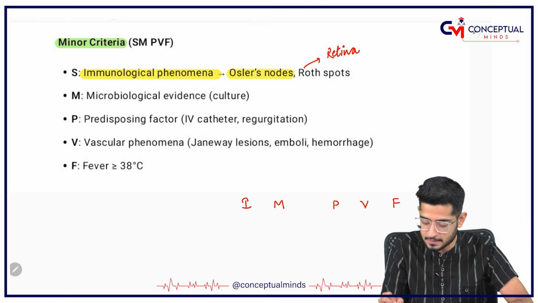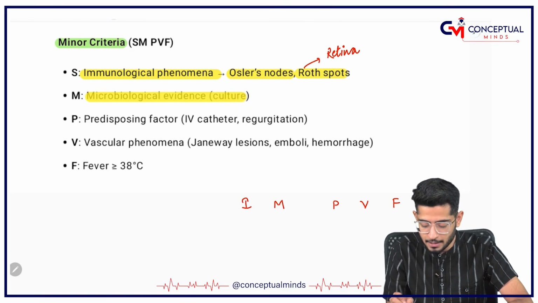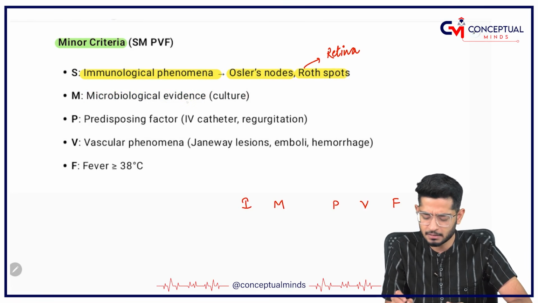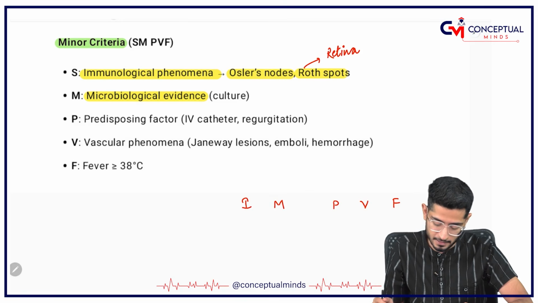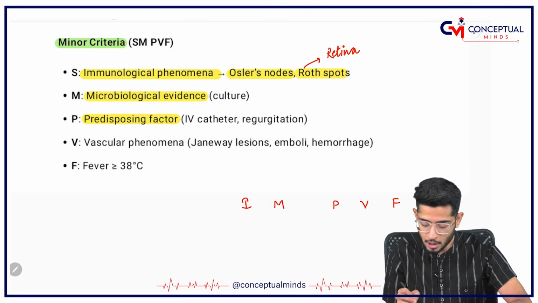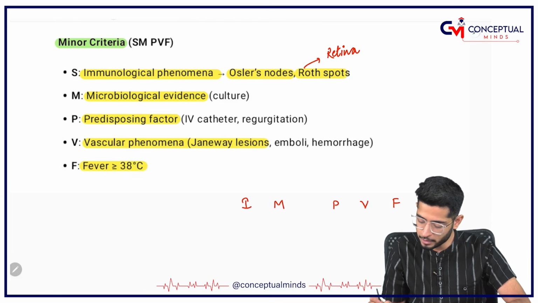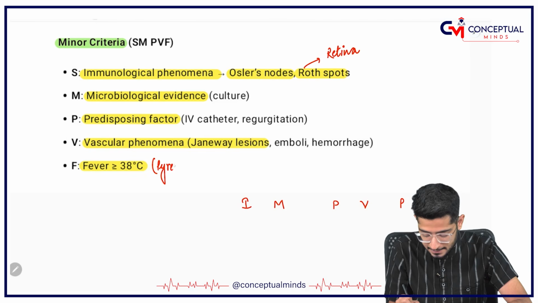M for microbiological evidences, like the smear positive and all those things. P for predisposing factors like IV catheters, regurgitation. V for vascular phenomena, I have told you, Janeway lesions, some embolus, some hemorrhages, and fever, which is also called pyrexia.